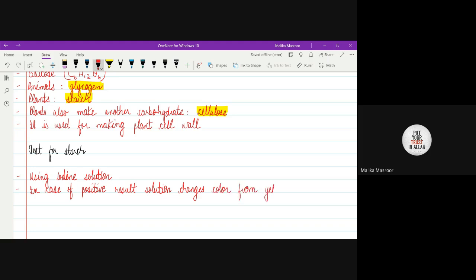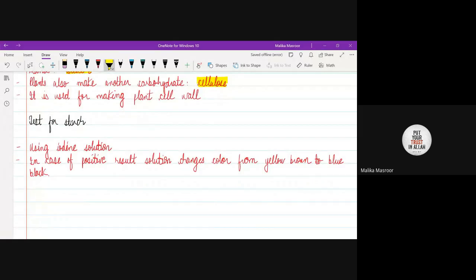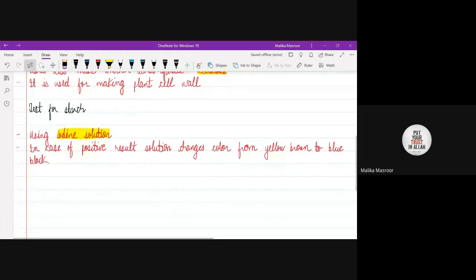Very good. Is everyone clear? So we are using iodine solution. Now if I talk about your test for sugars, it is usually for reducing sugars.